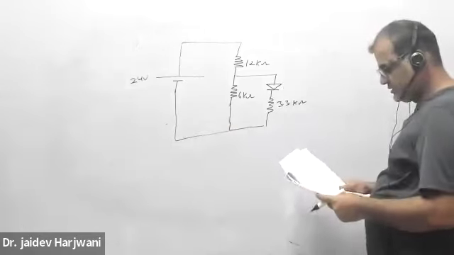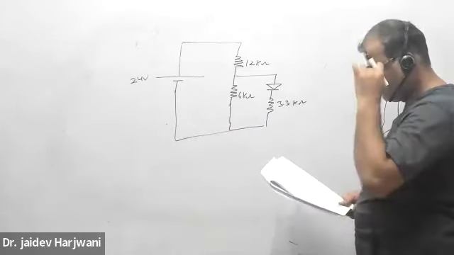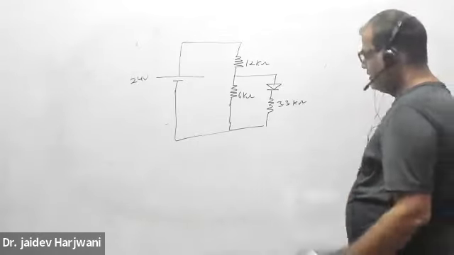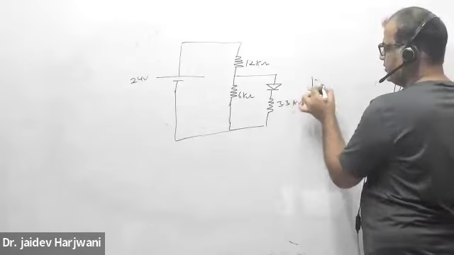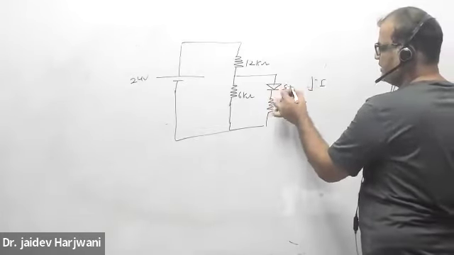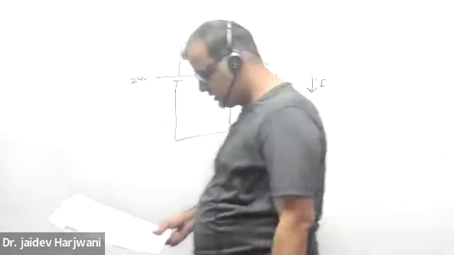He says in the following circuit, the voltage level of the diode in forward bias condition is 0.7. He is asking what current is flowing across the diode, and this diode is silicon. Find out how much current is flowing.